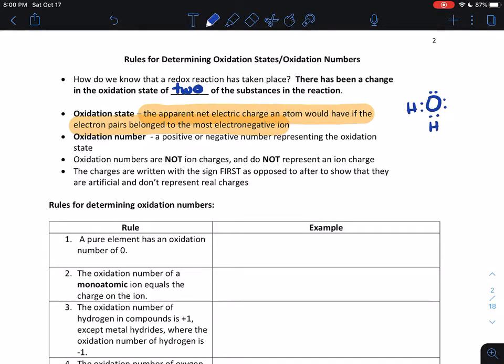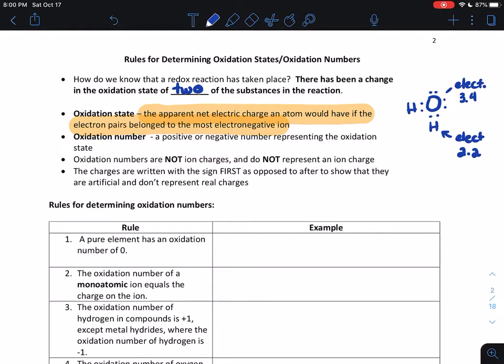The electronegativity of oxygen is 3.4, of hydrogen it is 2.2. So we say that its oxidation state for oxygen would be what its charge would be if it wasn't sharing electrons, if it had taken them.